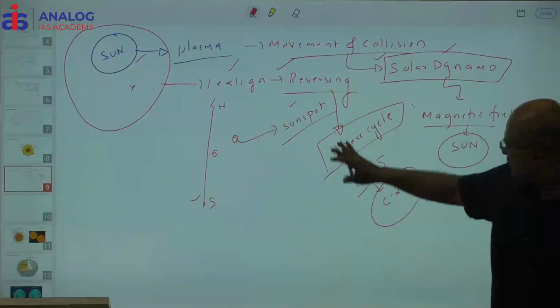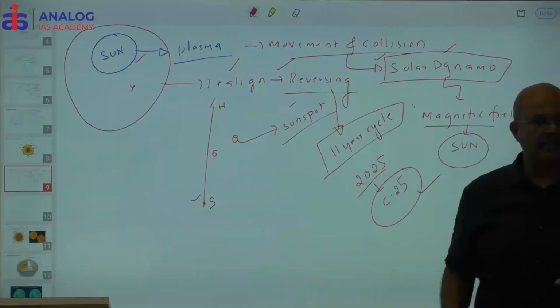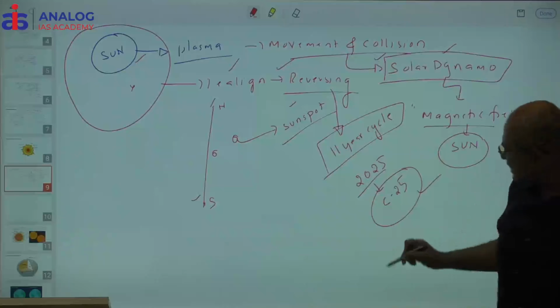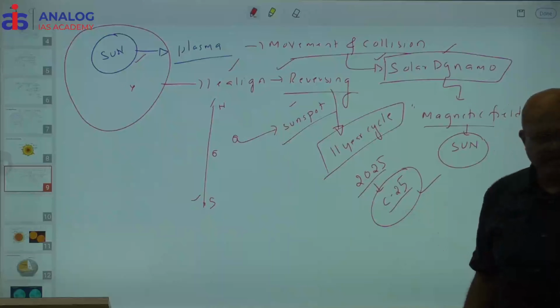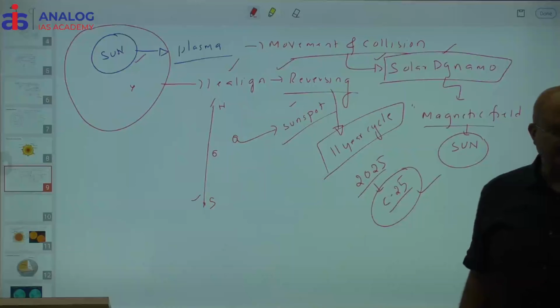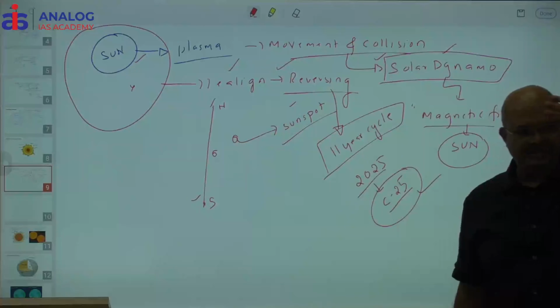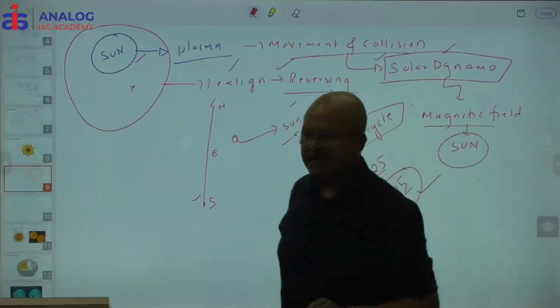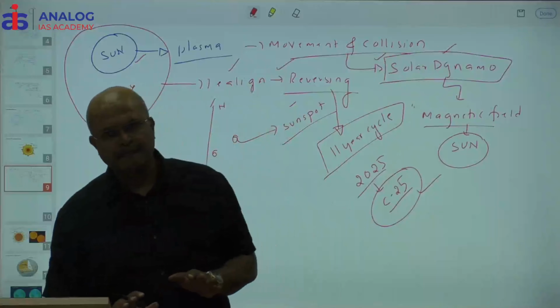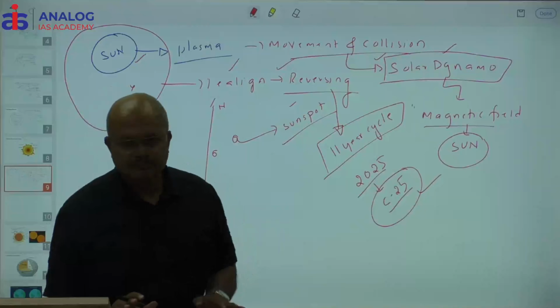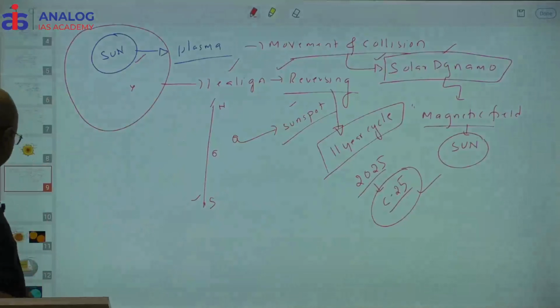Is that clear? At present, we are in the 25th cycle, when we started calculating. And every sunspot cycle is 11 years. Some rough idea about this?